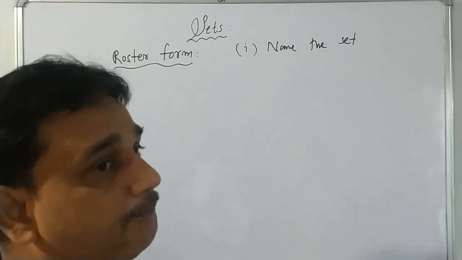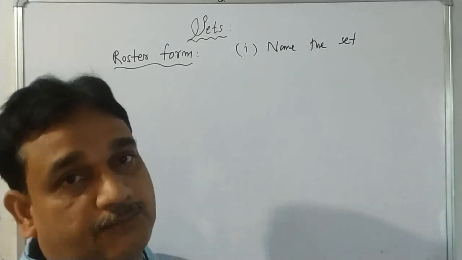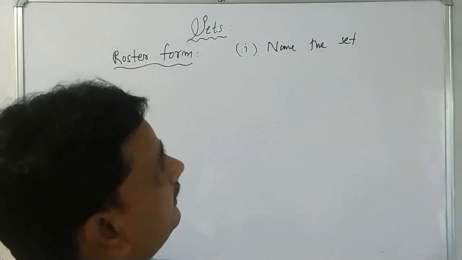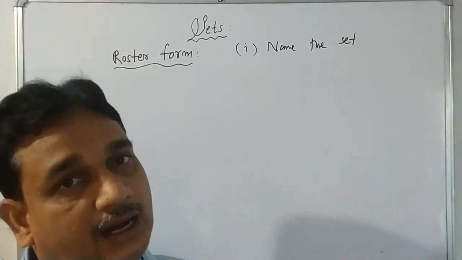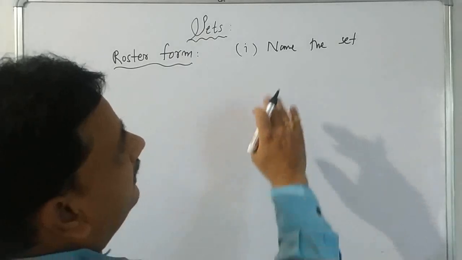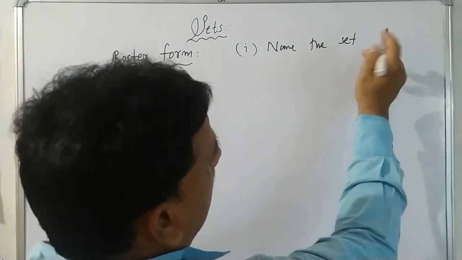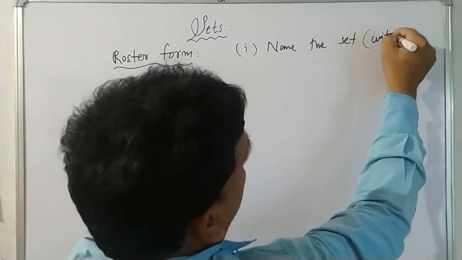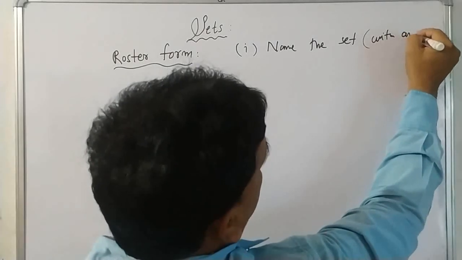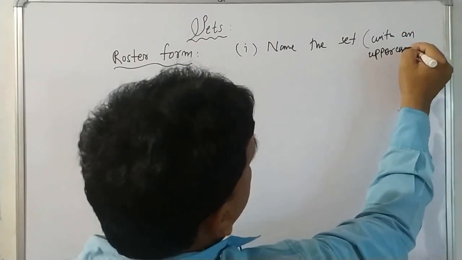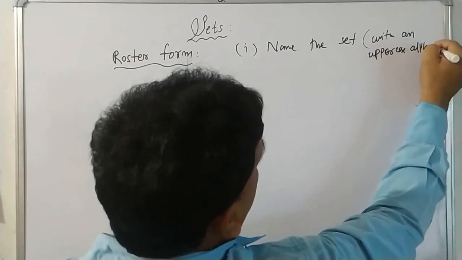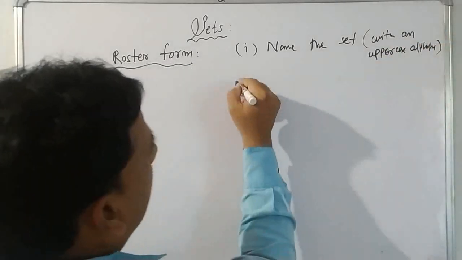But if it is a number system, you can use a specific letter. For example, for real numbers you have to use R. So name the set first with an uppercase alphabet.